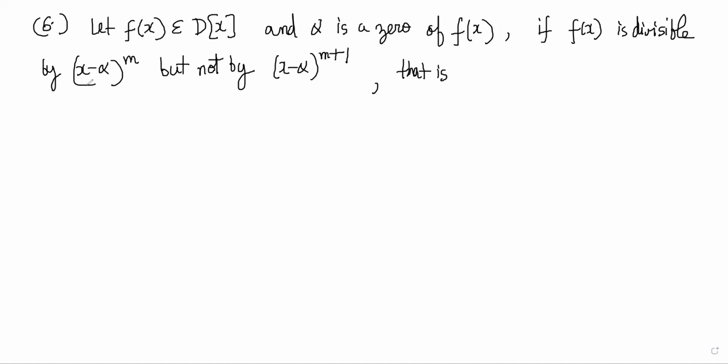So that means alpha is a root which has a multiplicity of m. It's a repeated root, it has multiplicity m.